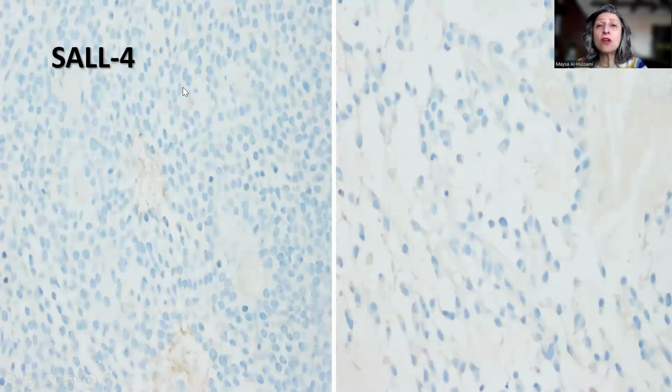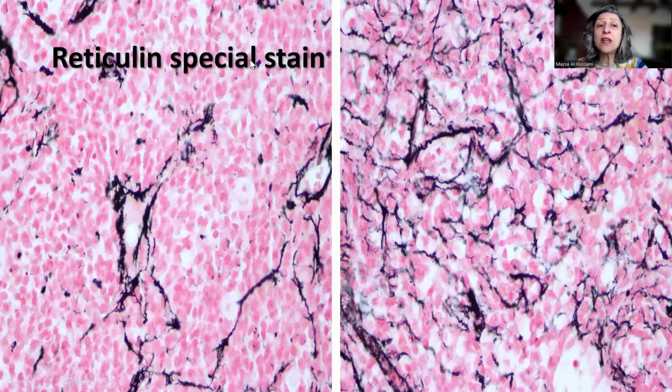And SALL4, because sometimes germ cell tumors might have unusual appearances. And remember, I shared with you once the unusual case of a yolk sac tumor in an adult individual. So always at the back of your mind, whenever you encounter unusual morphology for an ovarian tumor, regardless of the age, please order SALL4.